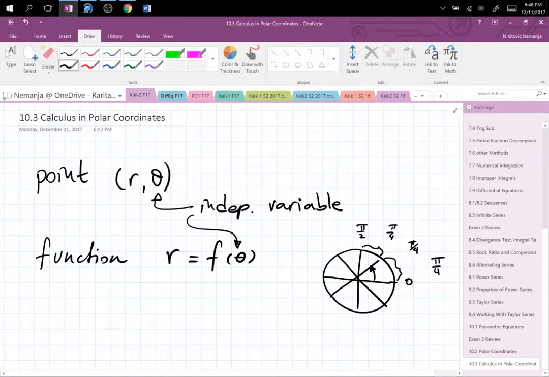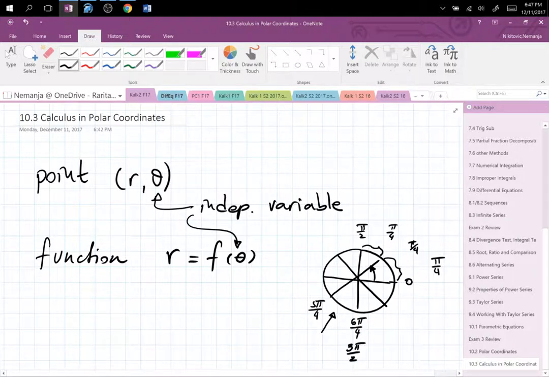So each one of these slices is pi over 4 in width, but the location of the slice is determined by the input and output angle. This slice over here is going to start at 5 pi over 4 and end at 6 pi over 4, which is 3 pi over 2.